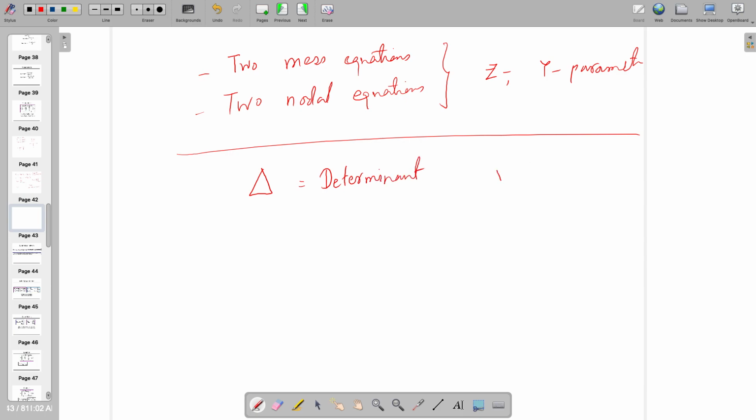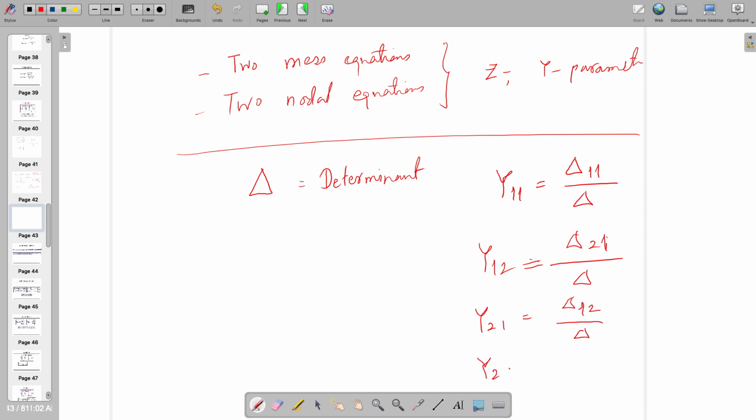and let's assume that you want to find the Y parameter. Y11 is defined as delta 11 divided by delta, Y12 is equal to delta 21 divided by delta, Y21 is equal to delta 12 divided by delta, and Y22 is equal to delta 22 divided by delta, where all the deltas are determinants, and delta ij is nothing but you need to remove a particular row and column entry, and whatever determinant is left, you just need to find that determinant multiplied by minus 1 raised to i plus j.